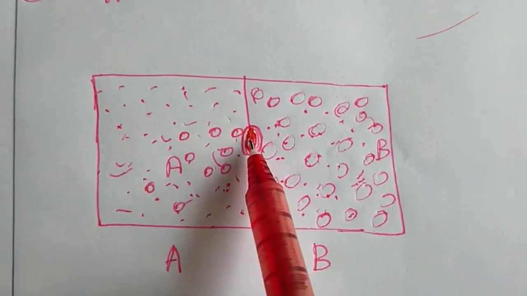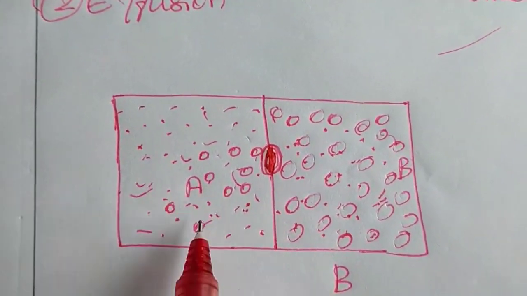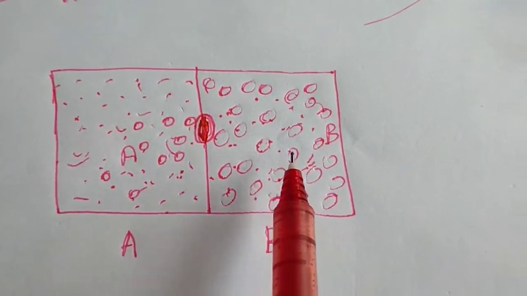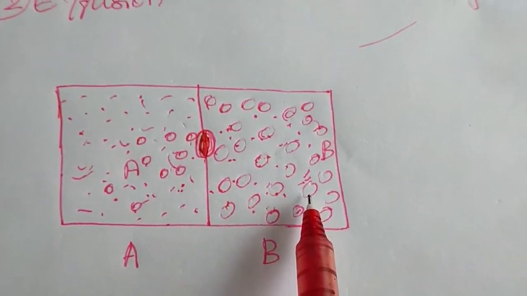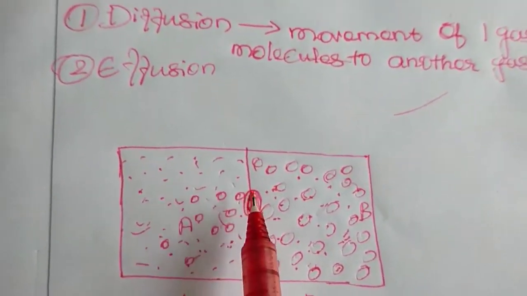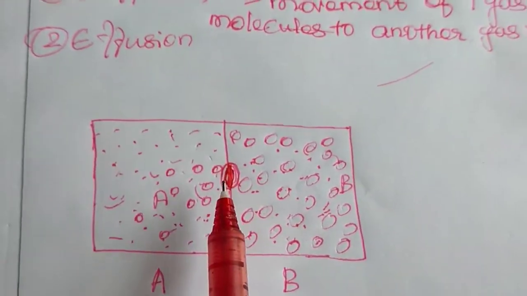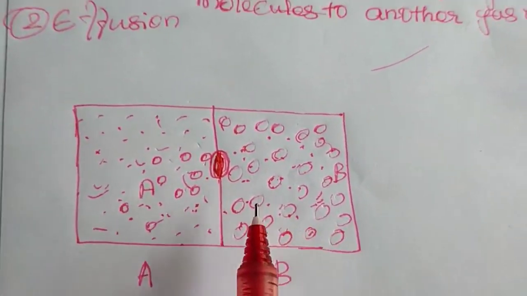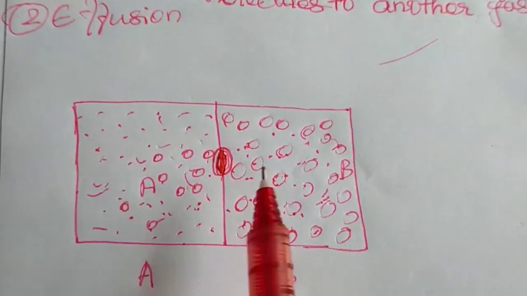Now before opening this hole, this is a higher concentration of this gas particle A, and before opening this hole, this B compartment containing the B gas is a higher concentration one. Now because of opening this hole, present in between these two parts, the air particles are diffused together.